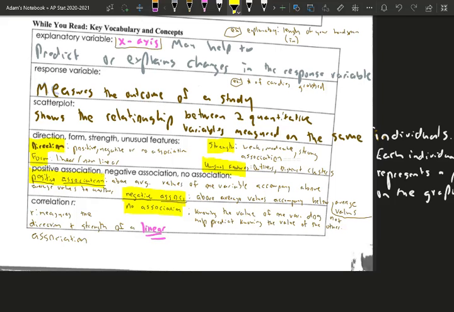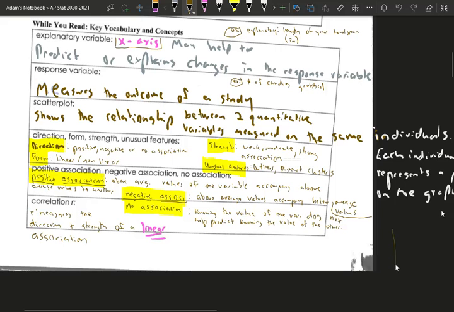Positive association means above average values of one variable accompany above average values of the other variable. Negative association means above average values of one variable accompany below average values of the other variable.